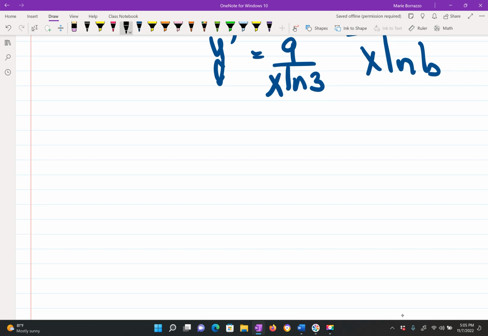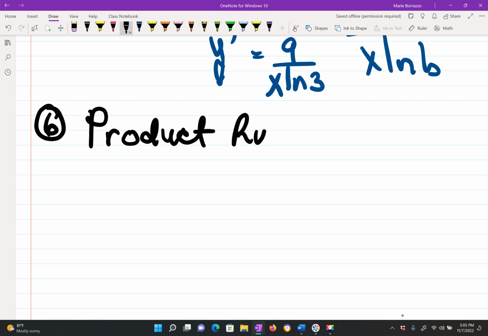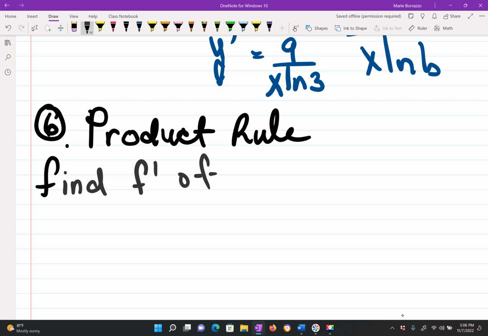Okay, question number 5. Or actually question number 6, because question number 5 is all over the internet. I'm going to ask you to find the first derivative. This is product rule. So if you want to write down that this example is product rule, and then we're going to find the first derivative. Okay, here we go. So I'm going to give you 2x minus 4.